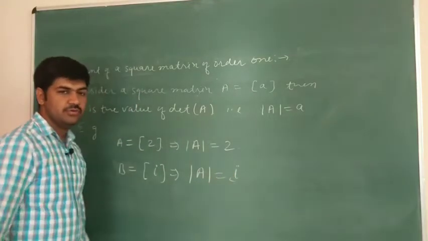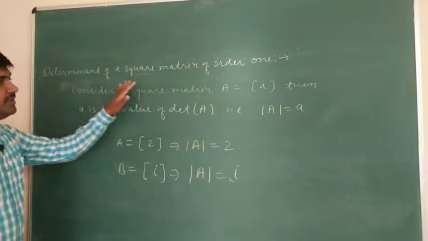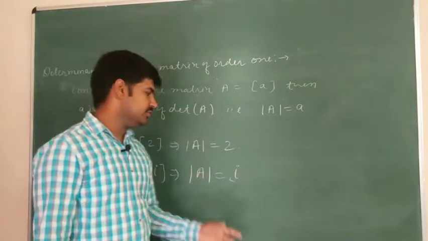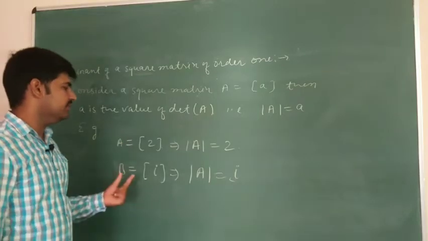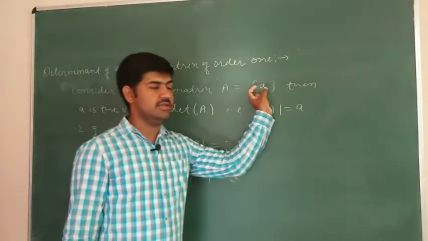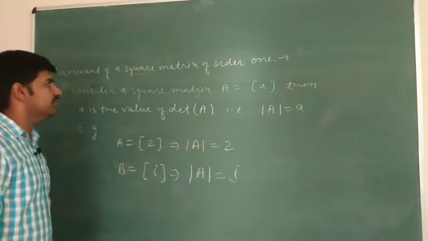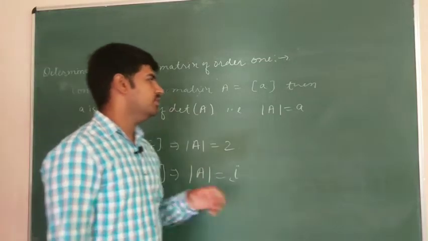This is how we find the determinant of a square matrix of order 1. So the determinant of a square matrix of order 1 is equal to the element included in that matrix. I am sure you have understood how to find it.